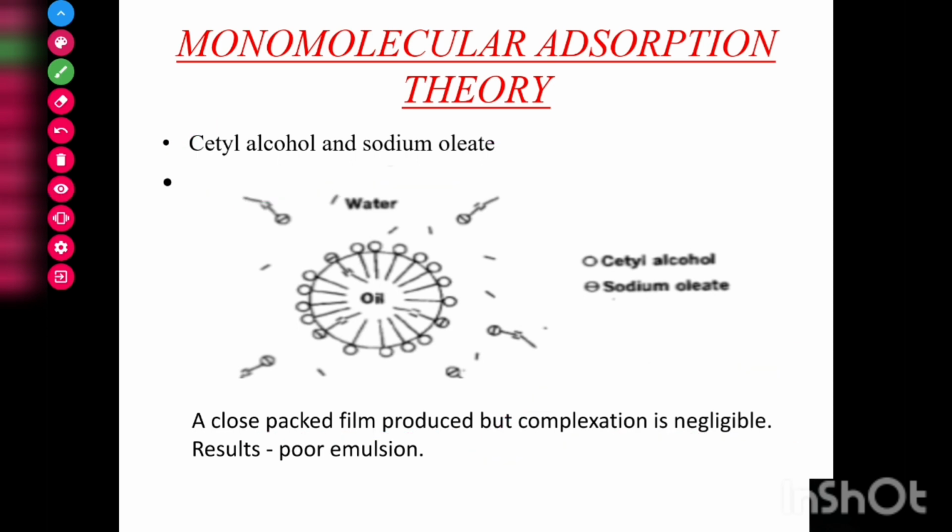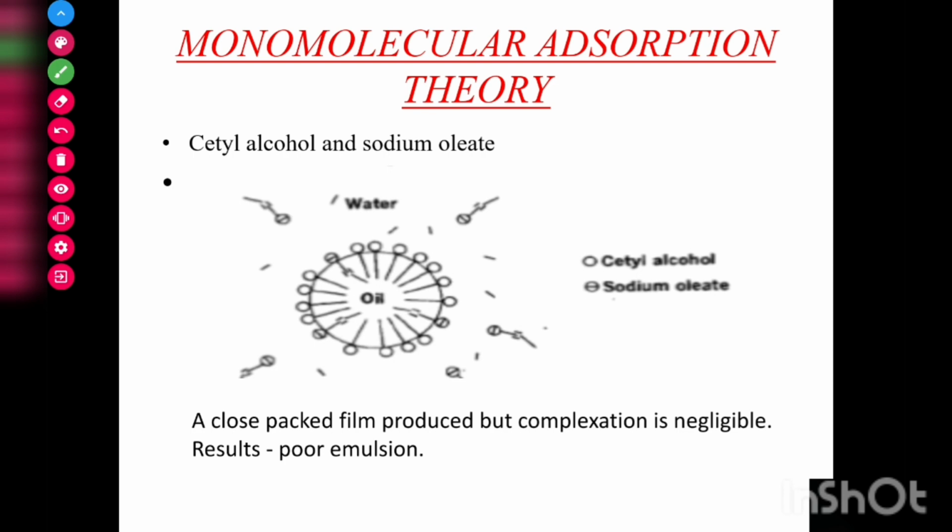So these are the important points regarding monomolecular adsorption theory. According to this theory, the surface active agents adsorb at the oil-water interface and they form a complex film around the globules. This film acts as a mechanical barrier to coalescence. Like this, it provides stability to the emulsion.